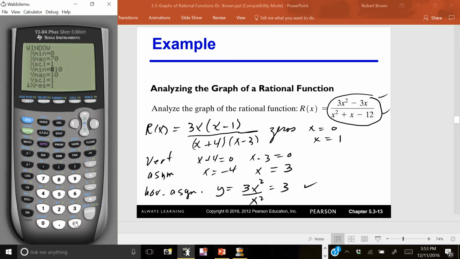Y min right below the horizontal asymptote would be like 2.5, to right above the asymptote, which would be about 3.5. And now graph it.